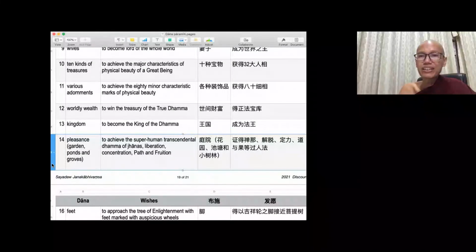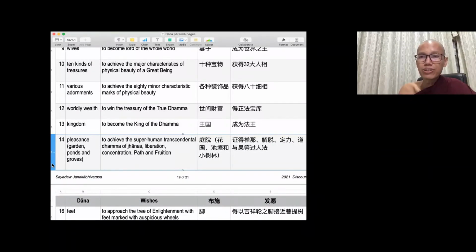Why donate? To achieve the superhuman transcendental Dharma of jhanas, liberation, concentration, path, fruition. Jhana is not a normal people's gain, it is a superhuman's gain.